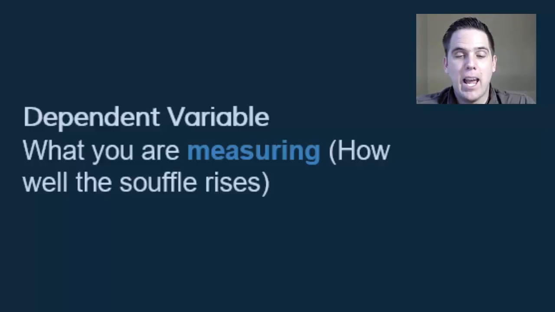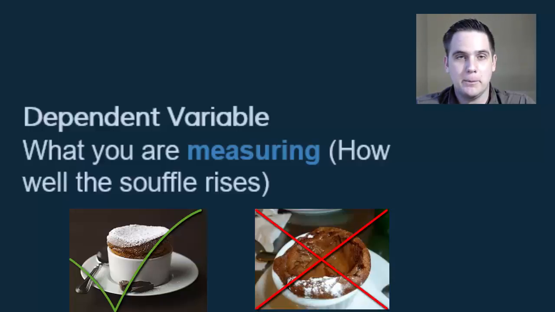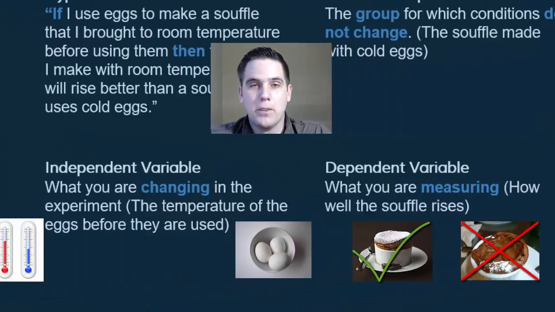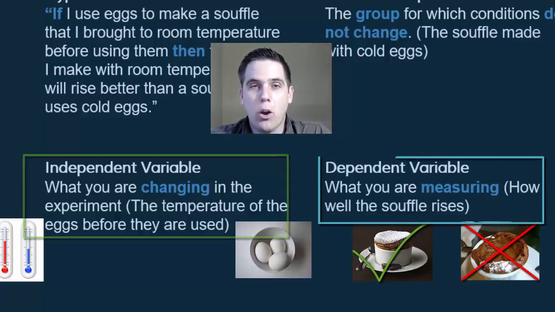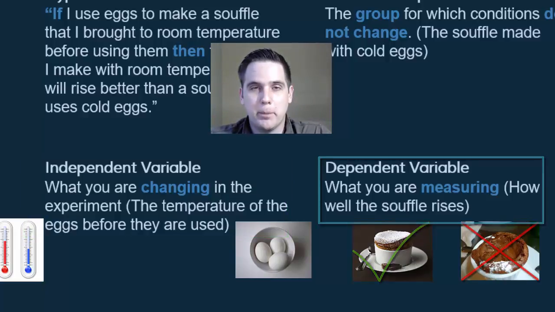In this case, how well the souffle rises. Your variables are things that can change either before or after an experiment. So you can think of the independent variable as the variable that you are directly changing, and your dependent variable is all the potential results for your experiment.